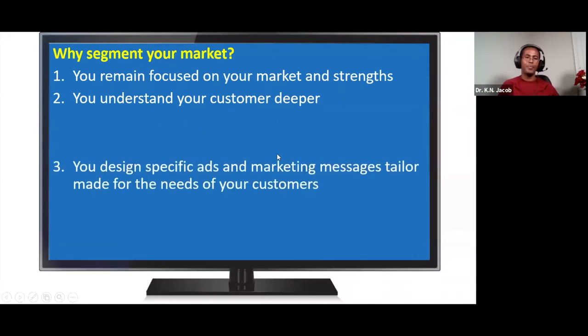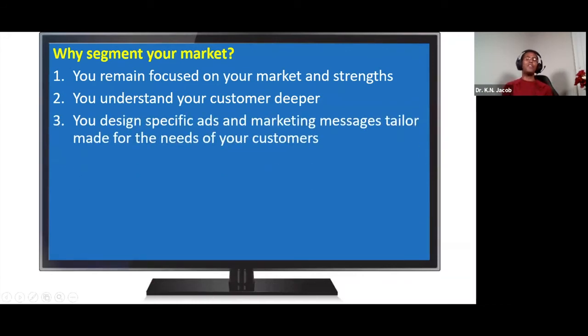Number 3, you design specific ads and market messages tailor-made for the needs of your customers. Even your flyers are specifically for that particular market.